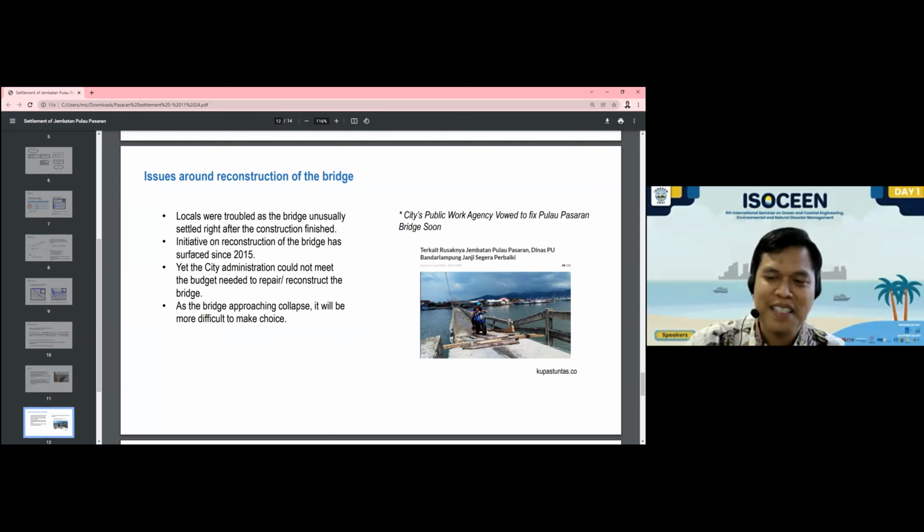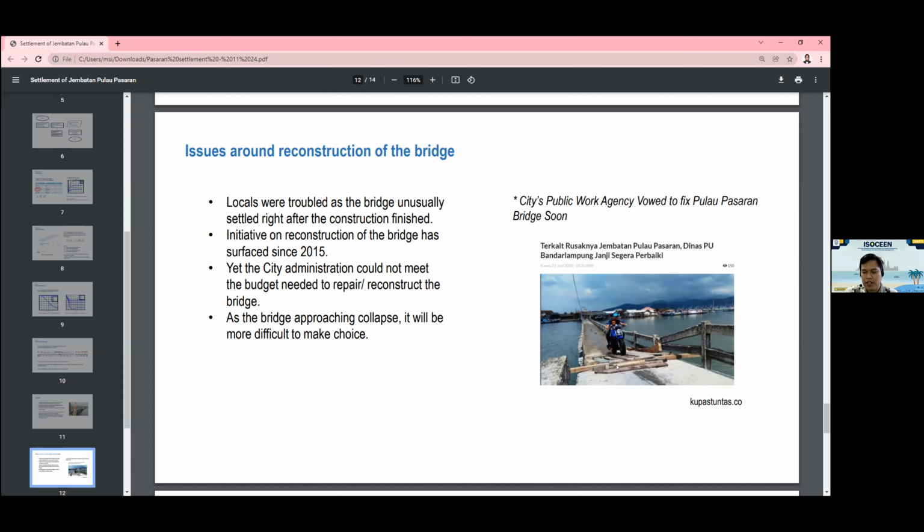They don't have the money needed to repair or reconstruct the bridge. And as the bridge approaches collapse, it will be more difficult to make a choice. And as we can see, this is the onset of the failure of the deck as well as the failure of the piles. And it was reported in the local media.